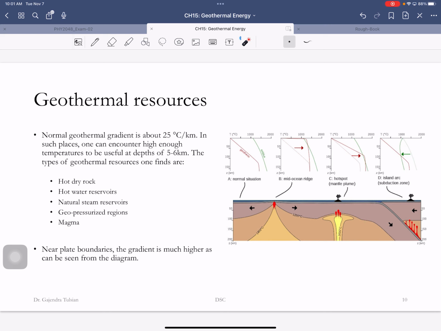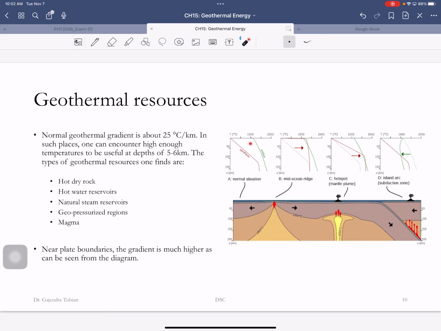Every kilometer you go down, the temperature rises by 25 degrees Celsius. So if you want to get to 250 degrees Celsius, you have to go 10 kilometers. 10 kilometers is from here to Ormond Beach. You'd have to dig a hole that deep, so that's the new geothermal.